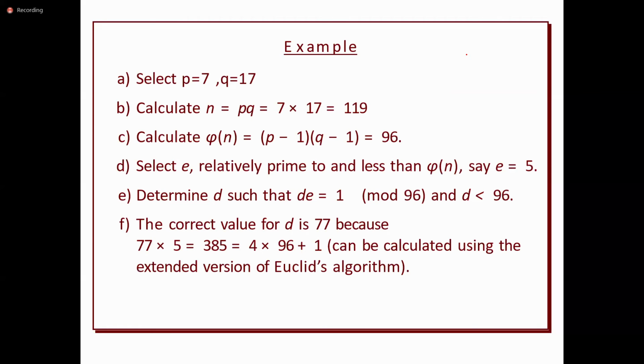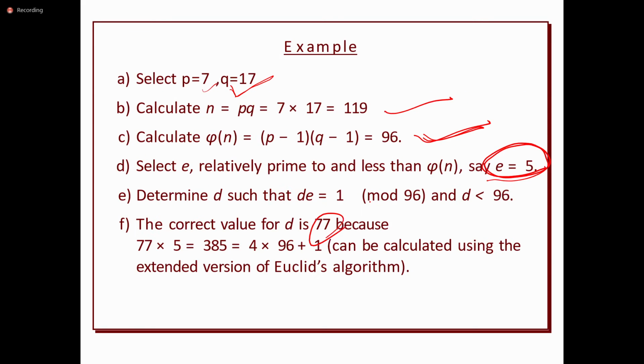So this is an example. P equals 7 and Q equals 17. The product N is 119, and after calculating Euler's totient function, phi is 96. If the receiver selects E value as 5, then the calculated D value is 77.